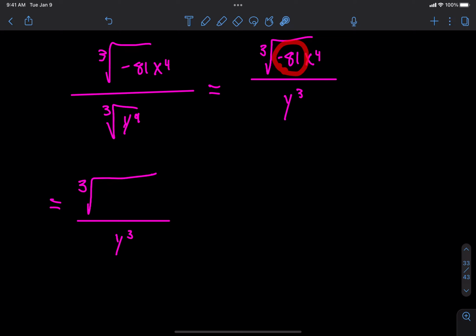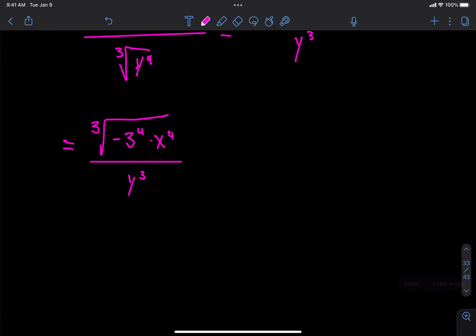Well, 81 is 9 times 9, right? Which would be 3 to the power 4, right? So I can rewrite this as negative 3 to the power 4 times x to the 4.